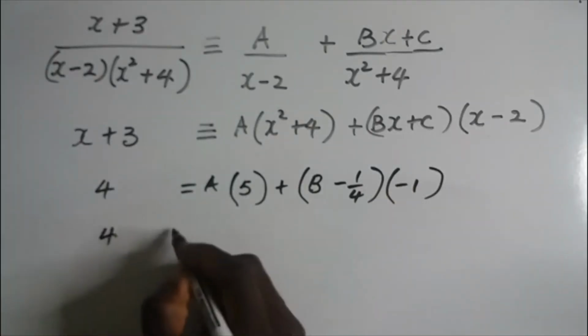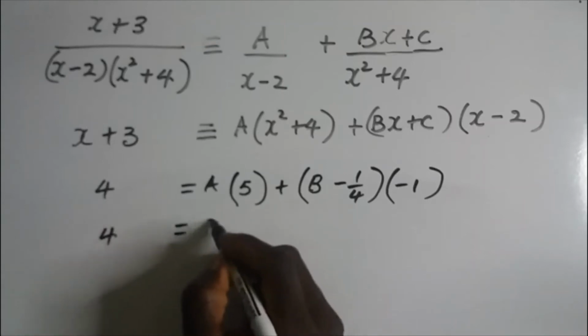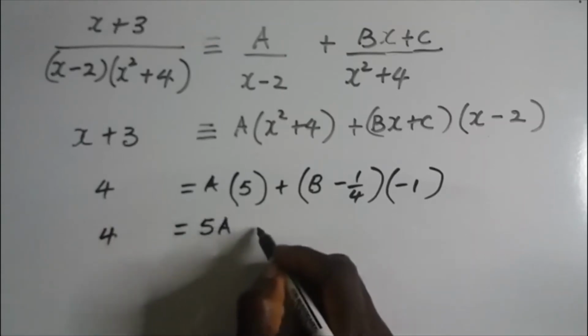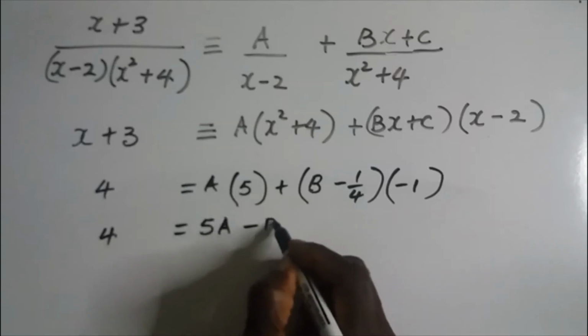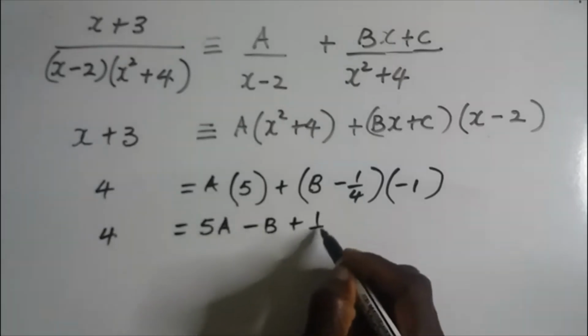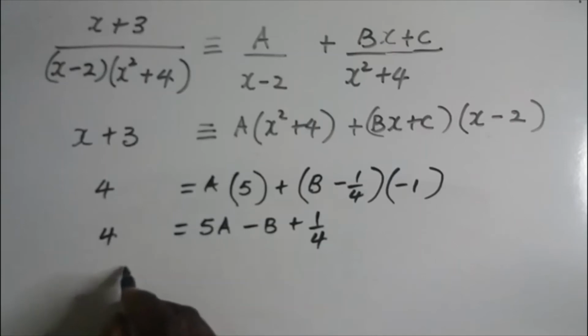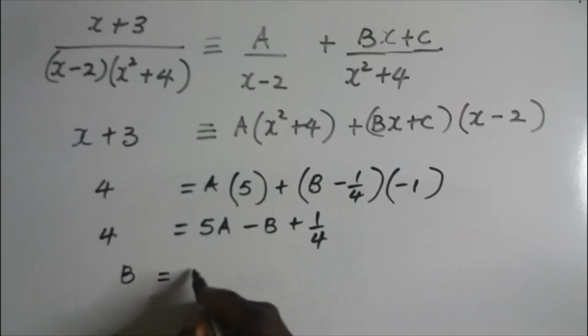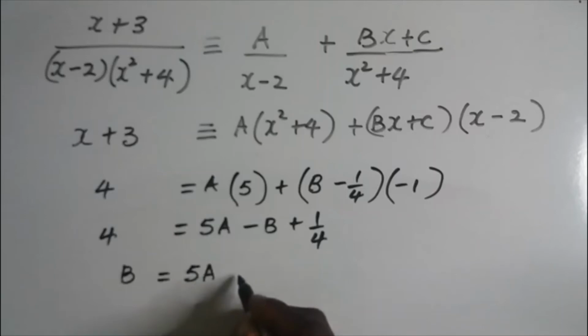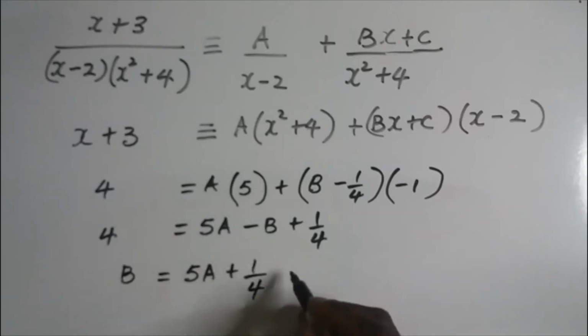If we simplify this, we have 4 now is equal to 5A minus B add a quarter. We can substitute for A, and now we need to find B. Well, let's just rearrange. We have B is equal to 5A add a quarter minus 4.